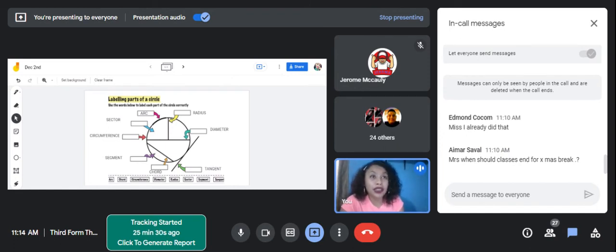You are going to need your notebook, writing utensil, and calculator, so that when we are working with the formulas, you are jotting down whatever you need. We're going to be finding the area of a sector, length of an arc, and area of a segment. So that is the topic for next week.